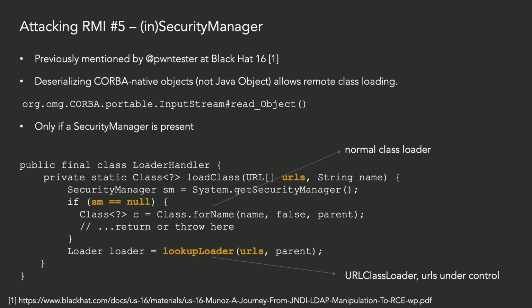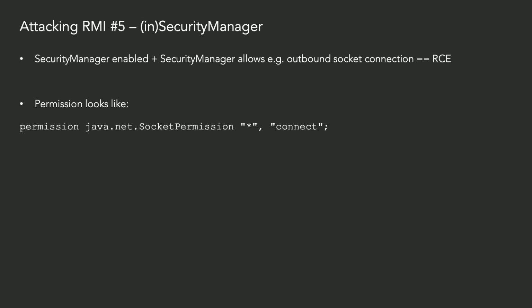So this technique was disclosed by Paul Tester at Black Hat 16, and he used a different attack vector, but we can combine this with the deserialization aspect to achieve code execution if a security manager is implemented and it's not secure enough.